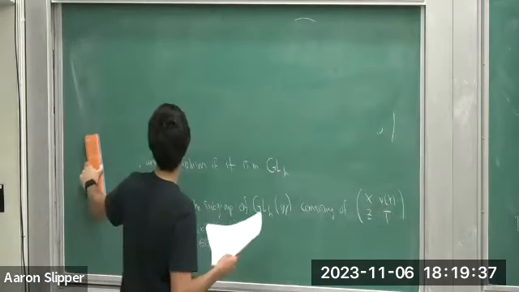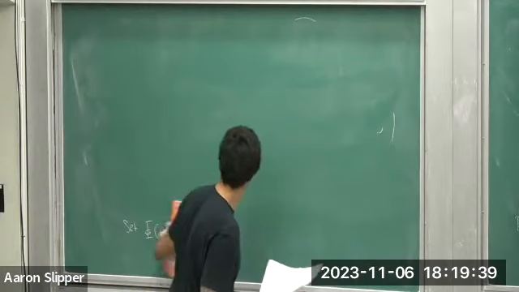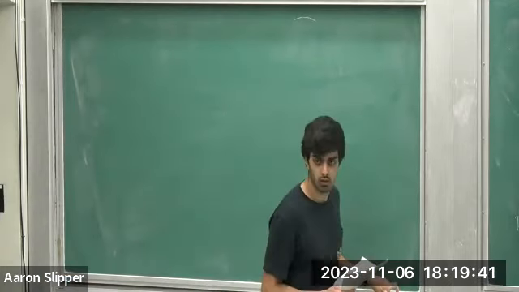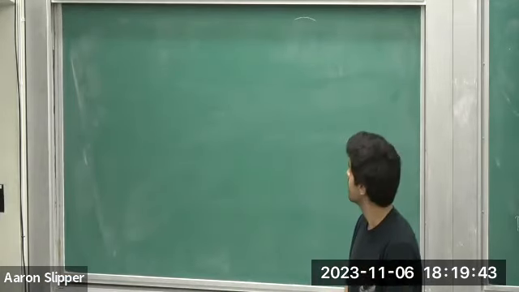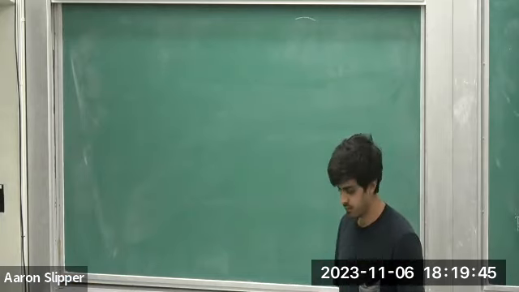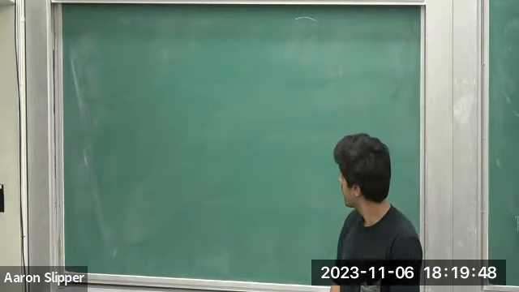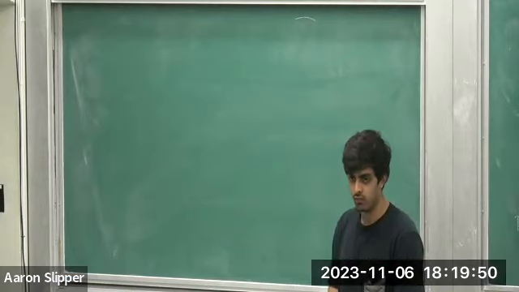Okay, so we can look at something like this, but you have a space and two subspaces.